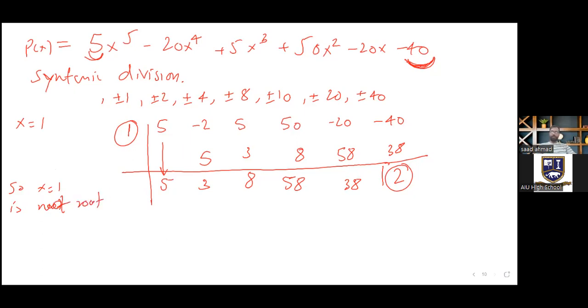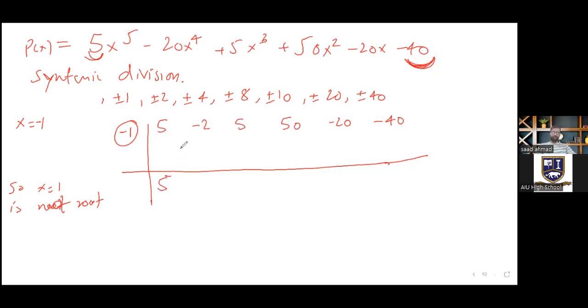Okay, now let's try with -1. You don't have to do it like this; you can use a calculator to do it quickly. So now I'm saying x equals -1. I'm checking the second number, -1. So 5 comes down as it is.